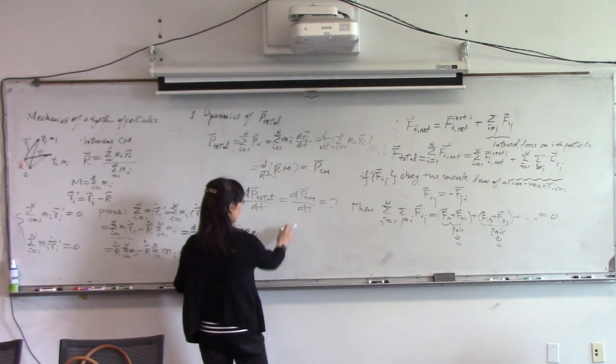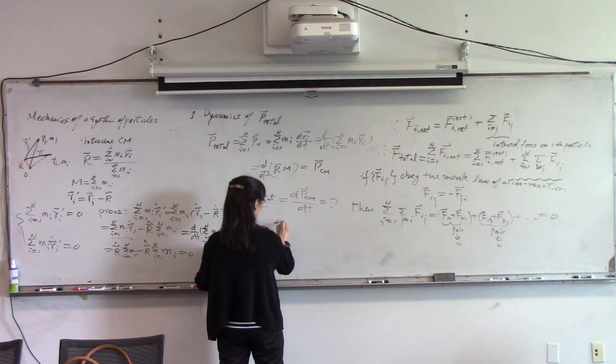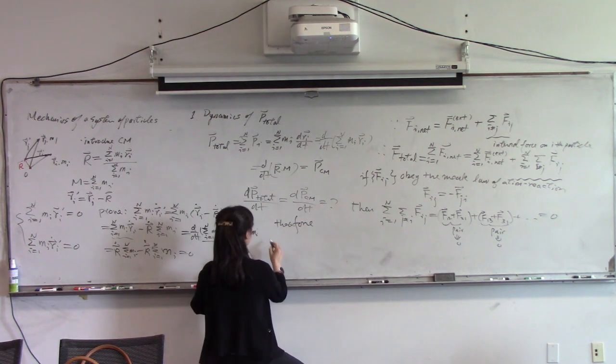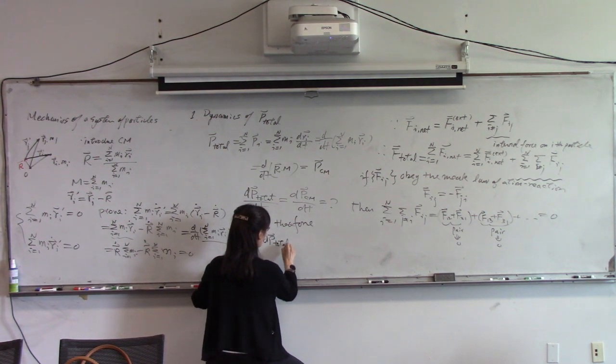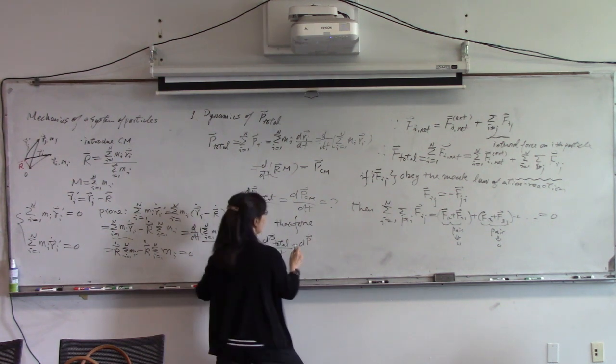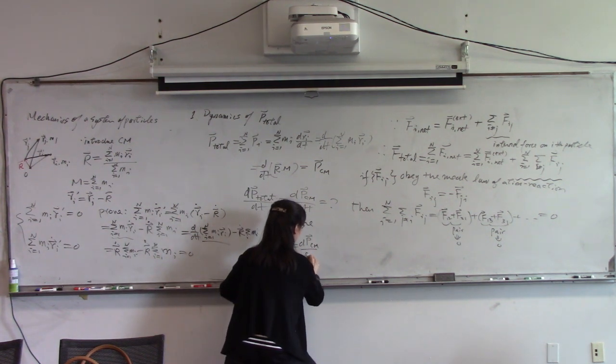Therefore, let's look at the total linear momentum, the dynamics of the center-of-mass linear momentum. By definition, that is d/dt of the sum of each individual particle's linear momentum.